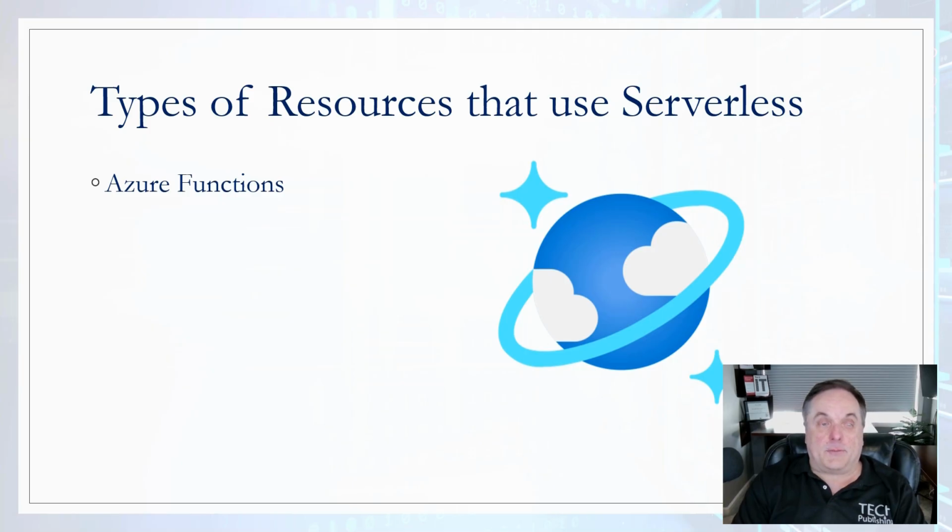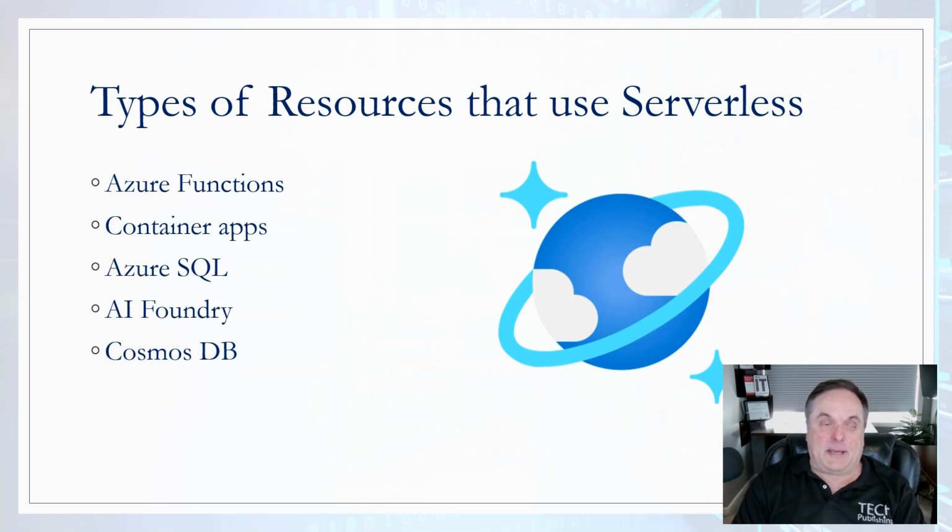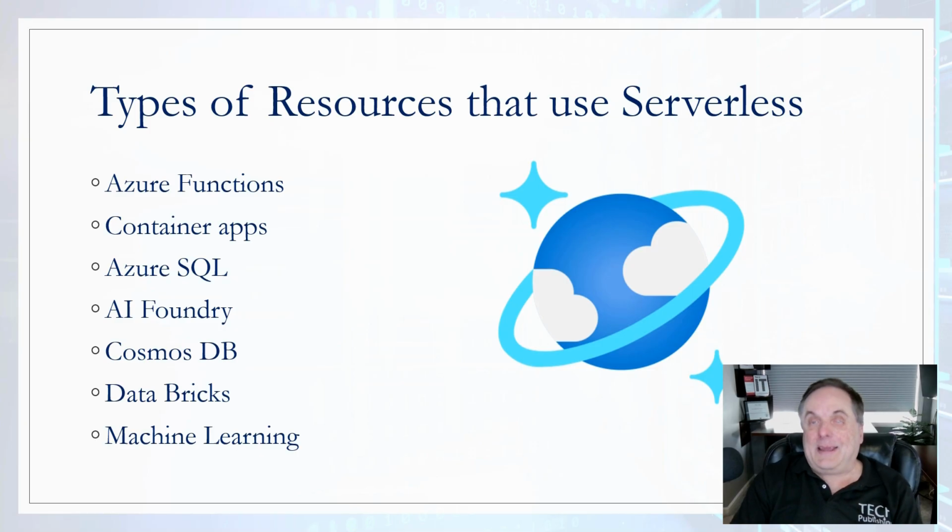What about types of resources that can be used for serverless computing? Well, you can use Azure Functions, that's an important one, container applications, Azure SQL, AI Foundry, Cosmos Database, and Databricks, and finally, machine learning. These are all types of resources that you can reserve without ever having to log into the server.